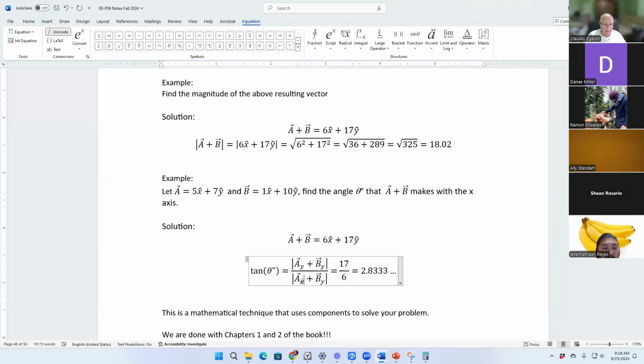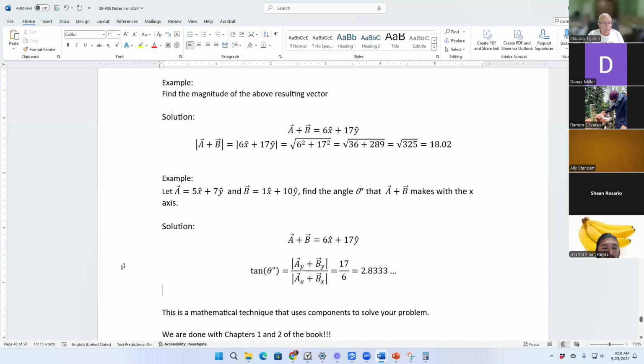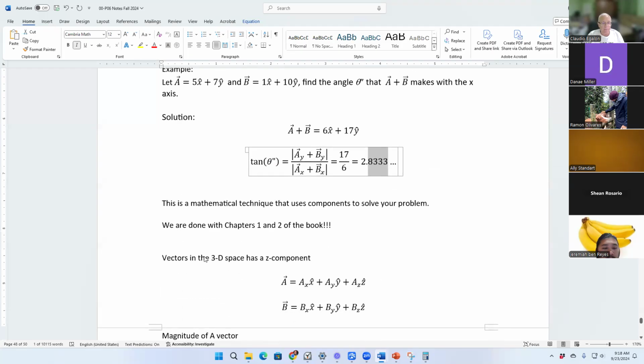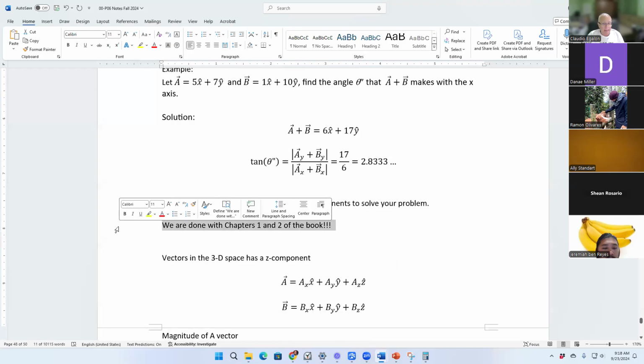And then you take the arctangent of this value here to find the angle.